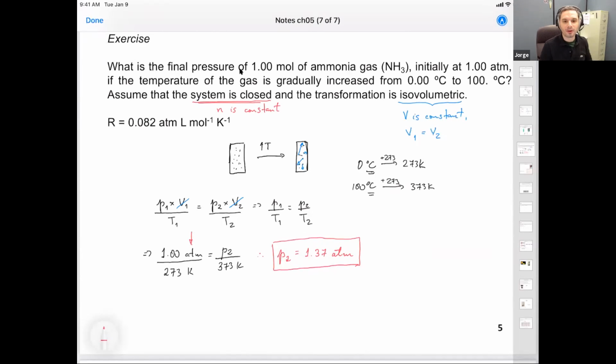Okay, so we are not allowing gas to escape or get in the system. So the number of moles here will not be factored in the equation, as well as the gas constant.